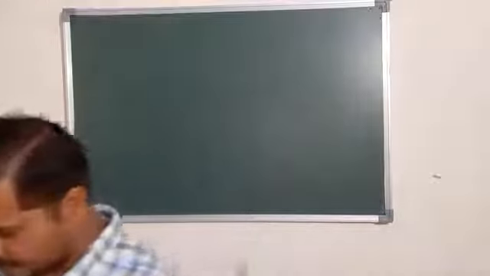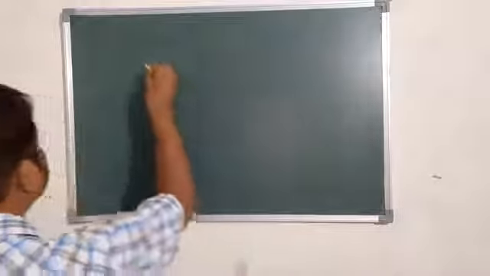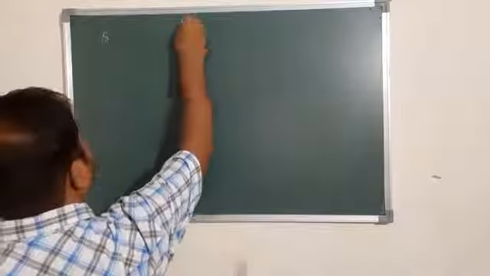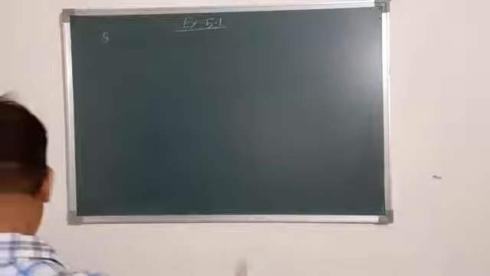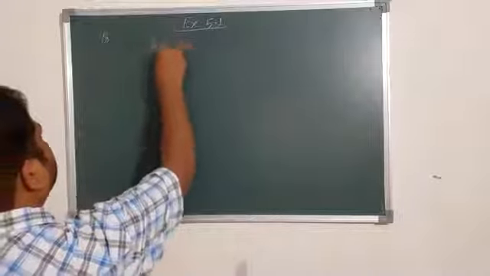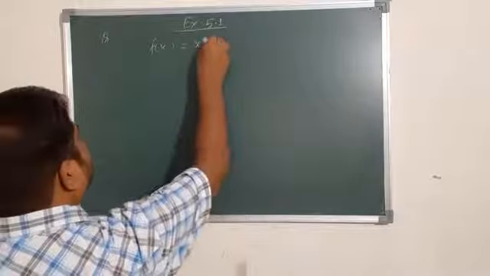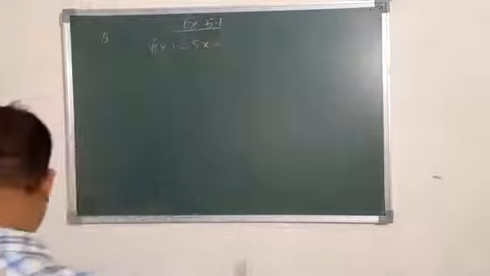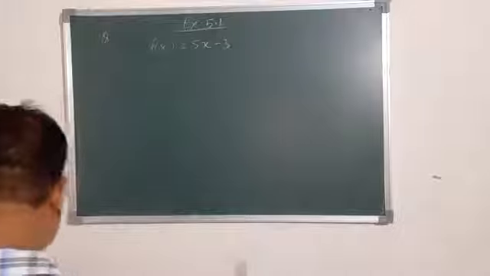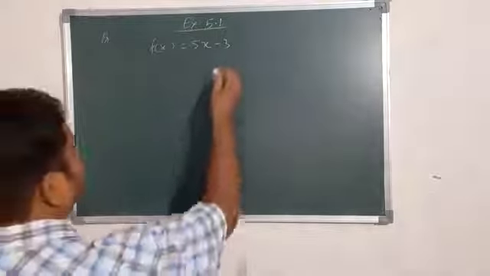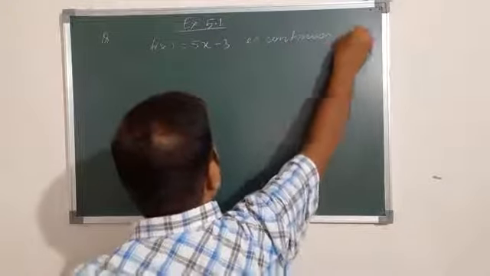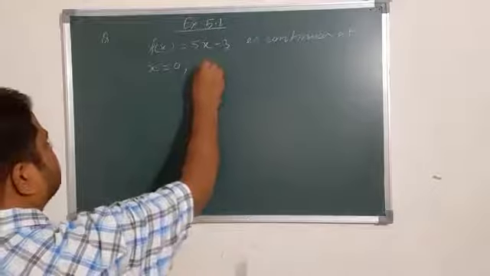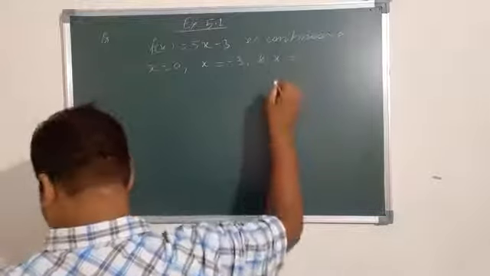So let us see. The first question is, prove that the function f(x) is equal to 5x minus 3 is continuous at x equal to 0, at x equal to minus 3 and at x equal to 5.